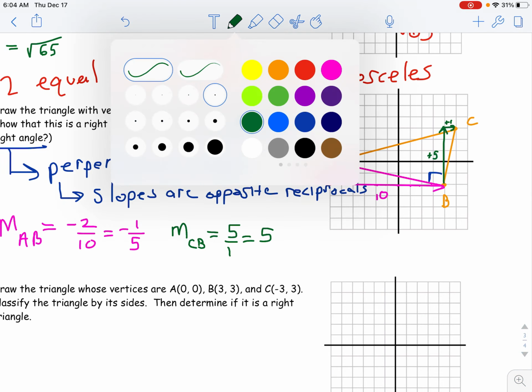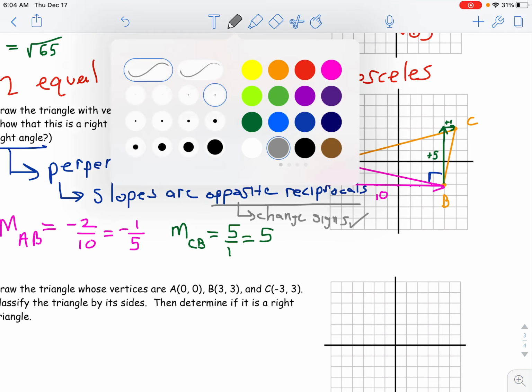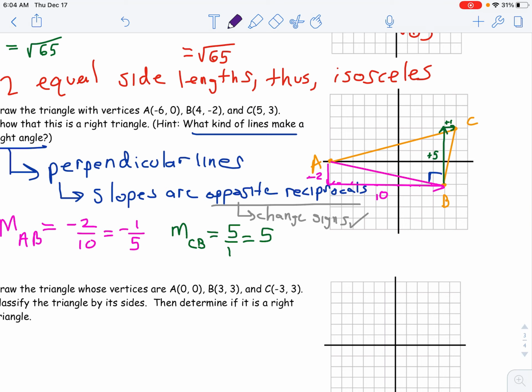So does this meet the qualifications of opposite reciprocals? Well, remember, opposite means change signs. So one's positive, one's negative. Check. We have negative 1/5 and 5. Reciprocals, what does reciprocal mean? That means flip. Well, we have negative 1/5 and 5 over 1.